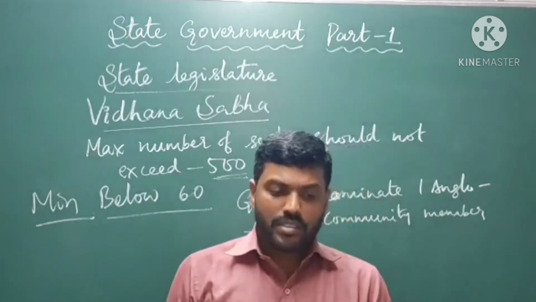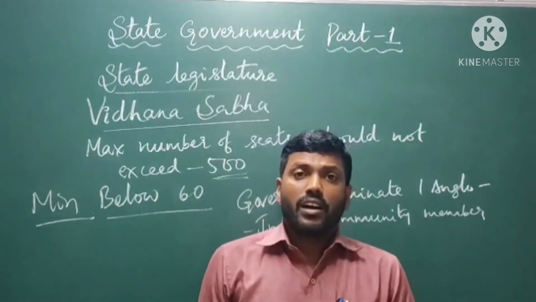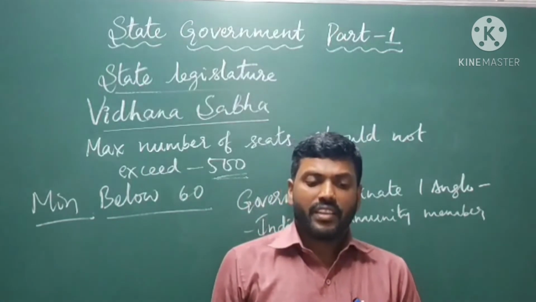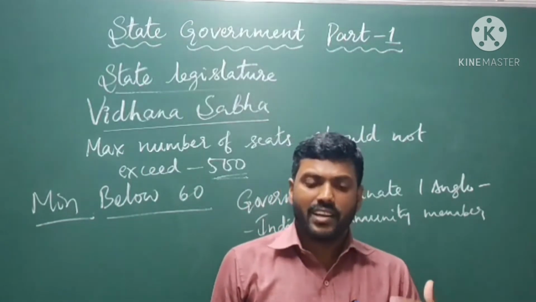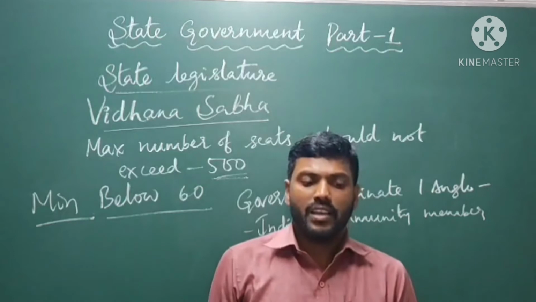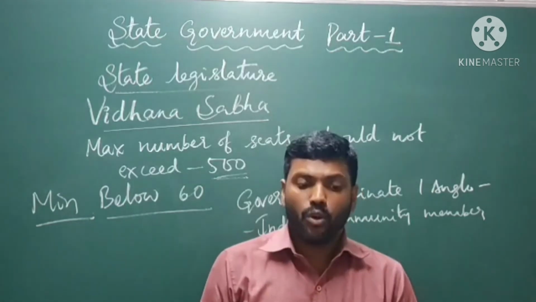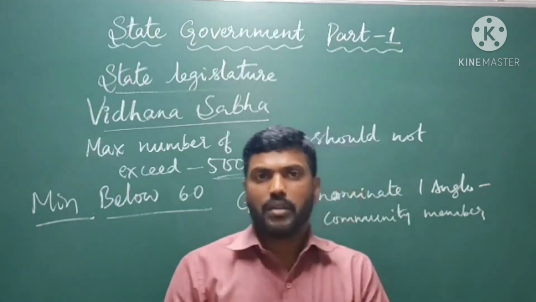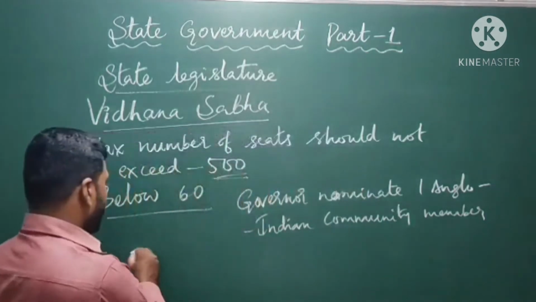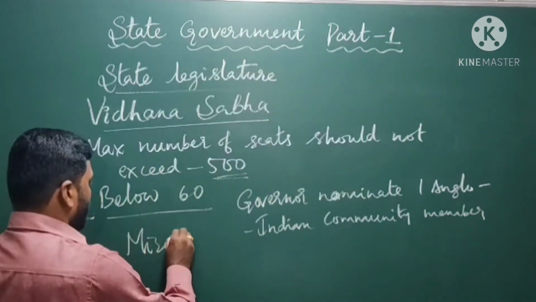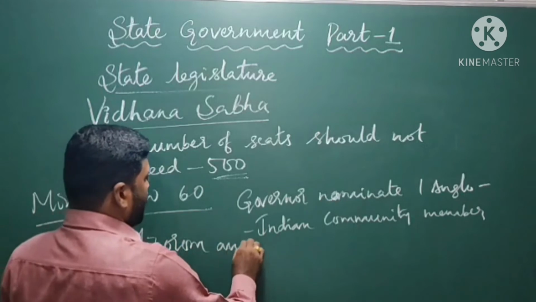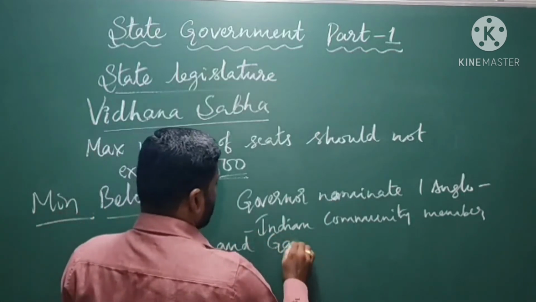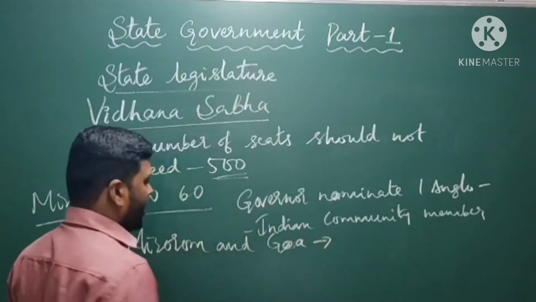However, the number of members in small states is less. For example, in Mizoram and Goa, it is just 40 members in Vidhan Sabha. Only these two states are exceptions in India.